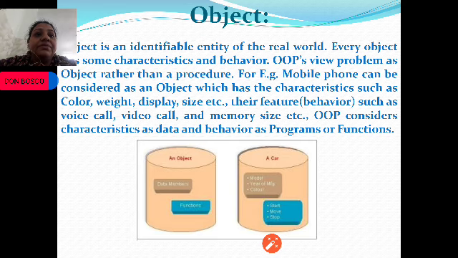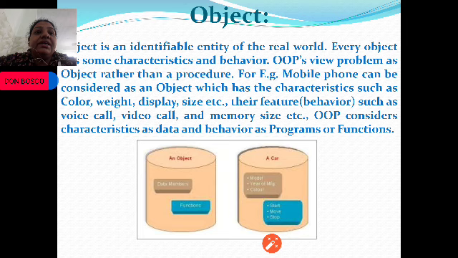For example, a student can be an object, a book can be an object, an employee can be an object. An object is something which we identify and represent in a program. Every object has some characteristics and behavior.